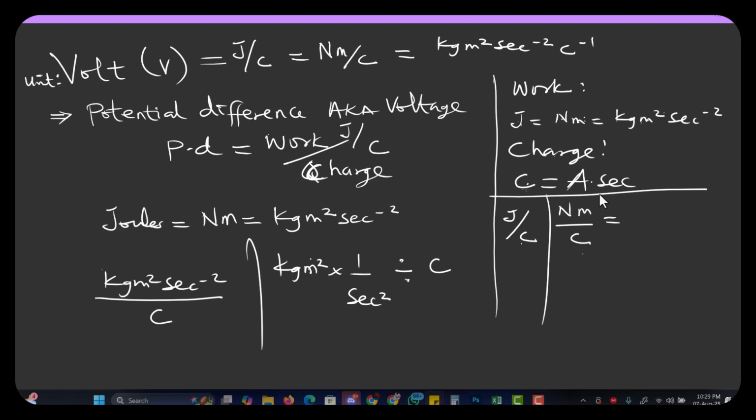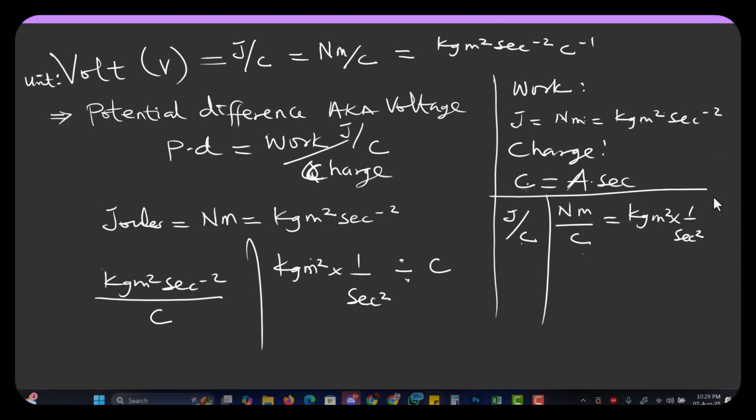So for this third one, I'm going to have kilogram meter squared times per second squared. This per is 1 over, so I'll write 1 over second squared.